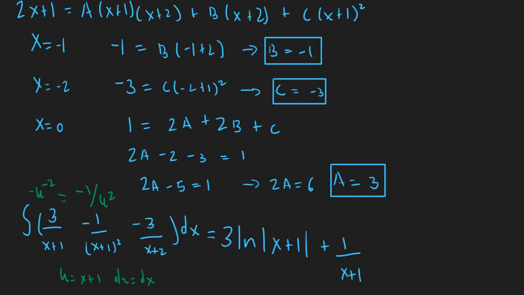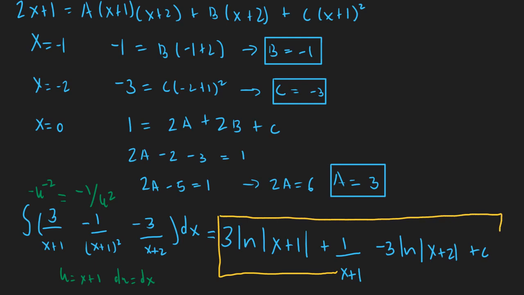And then similarly, the next one is going to be minus 3 natural log of the absolute value of x plus 2, and then we put a plus c. So now it seems that we have our solution with respect to finding the partial fraction decomposition of our original rational expression.